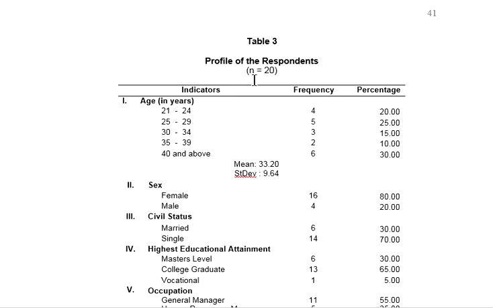There are 5,000 people in Kandihay, and it's not possible to give each one of them a questionnaire. Imagine you would print more than 5,000 questionnaires. So you need a sample size that will represent the total population.